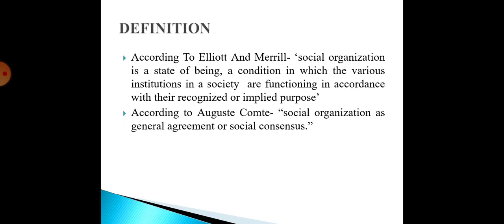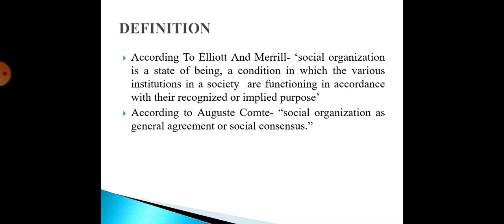There are a number of institutions present in our society. They are functioning in accordance with their recognized responsibility, cooperatively, and their suitable, implied purposes. So this is according to Eliot and Merrill.